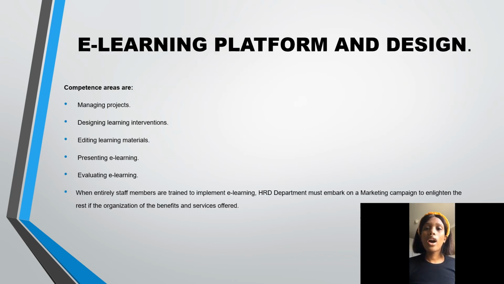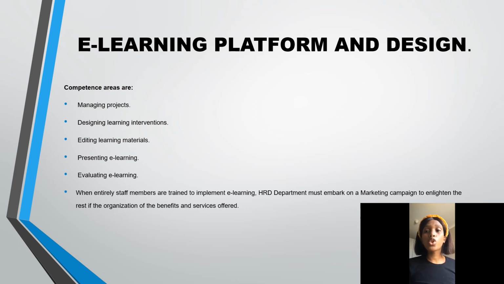And there are also competency areas with regards to e-learning platform and design, which are managing projects, which is not easy, designing learning interventions, so how you'll conduct the lesson, what lesson you'll do at what time, and what you do when you're conducting that lesson, and editing learning materials, so the study book, the workbook, the slides and all that, and also presenting e-learning, because it is difficult to present e-learning, especially when it's your first time doing e-learning as a lecturer.